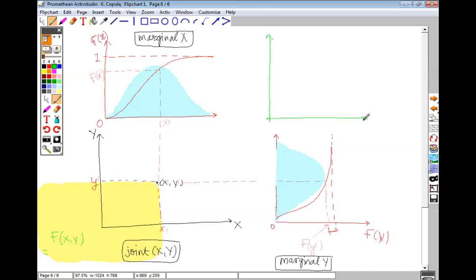Okay, so when I want to label this axis now, would anyone want to guess what should be here and what should be up there? Anyone? What do you think will come here? Remember, y corresponded to y, and x corresponded to the CDF of x.